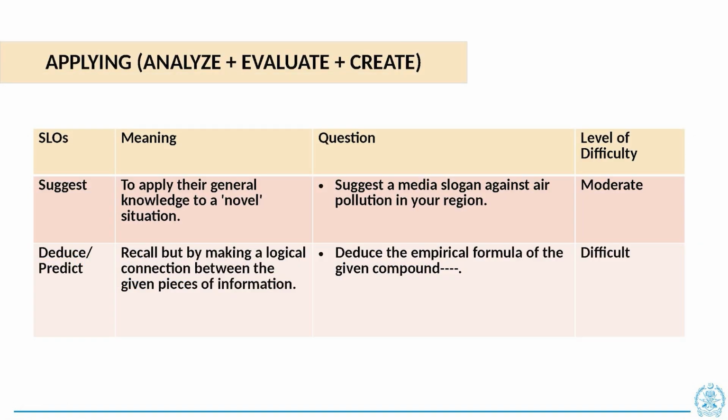Application level is the combination of higher order thinking skills: analyze, evaluate, and create. This table shows two different examples. SLOs are given: suggest and deduce, meanings, questions, and level of difficulty.